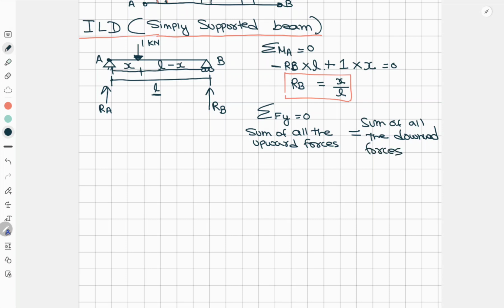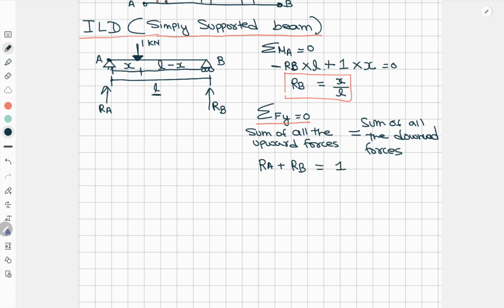Okay, this is the condition in case of vertical forces. Now the sum of all the upward forces is only RA and RB, right? So write RA plus RB is equal to the sum of all the downward forces, which is only 1. This force is only acting downward, that is 1.